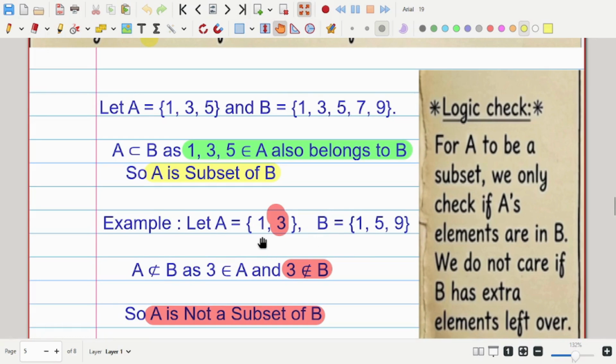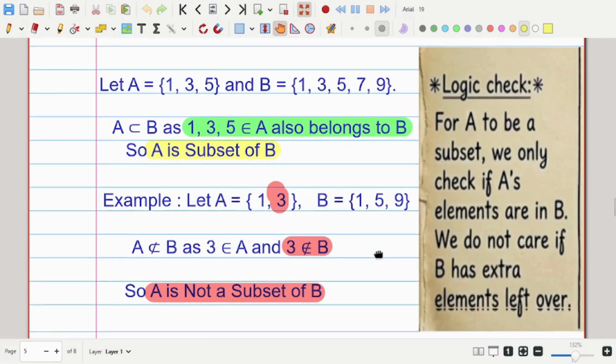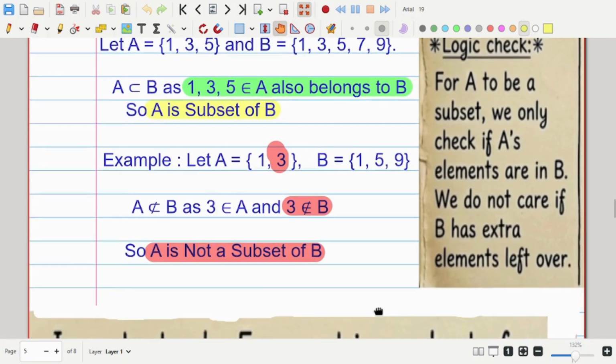Now check whether elements of A are present in set B. Is 1 present in set B? Yes, 1 is present. Is 3 present in set B? No, 3 is not present. Therefore, A is not a subset of B because 3 is absent. 3 does not belong to B. Therefore, A is not a subset of B.